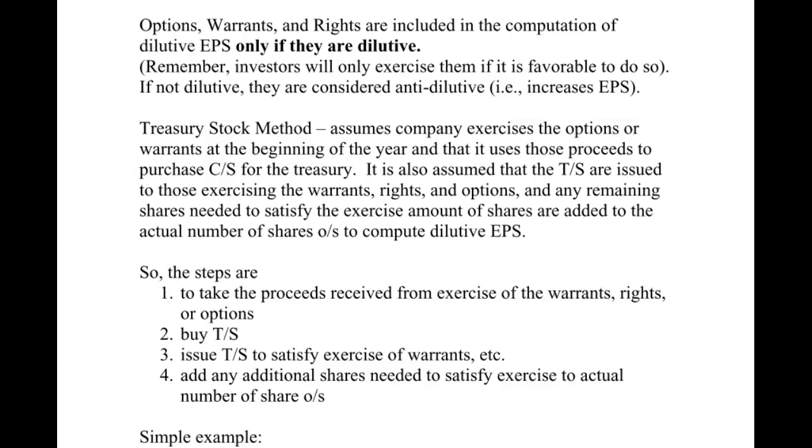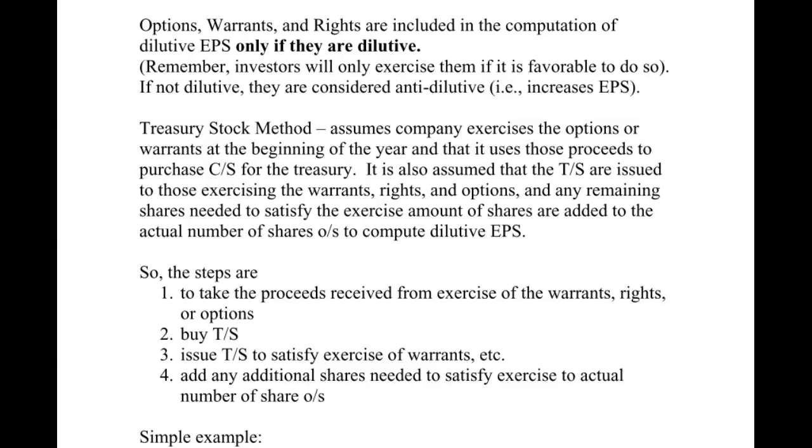So we assume that all of them, options or warrants, are exercised at the beginning of the year or whenever they were issued, and that the company then takes all the money they just received and goes out and buys as much common stock as they can to hold as treasury stock.